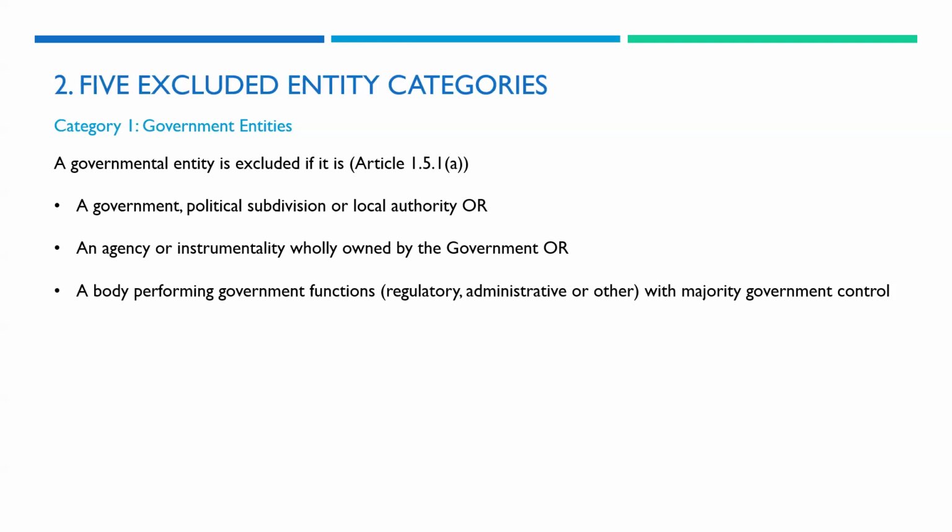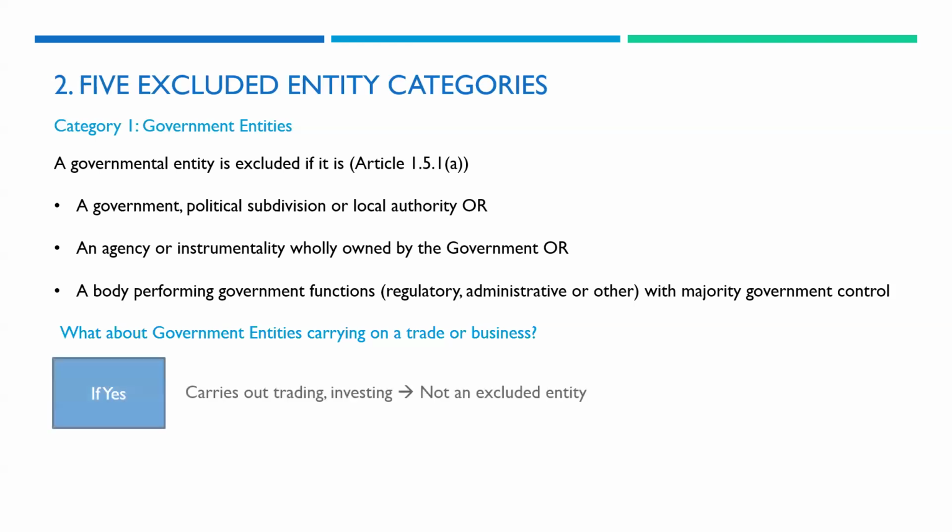But same like UAE CT, if a government entity is carrying on a trade or a business, would they be excluded? Was a government entity carrying on trade or business excluded for UAE CT? No, right? Similarly, if it is carrying out trading or investing, or they're competing with the private sector folks, then it is not an excluded entity, even if it is wholly owned by the government.